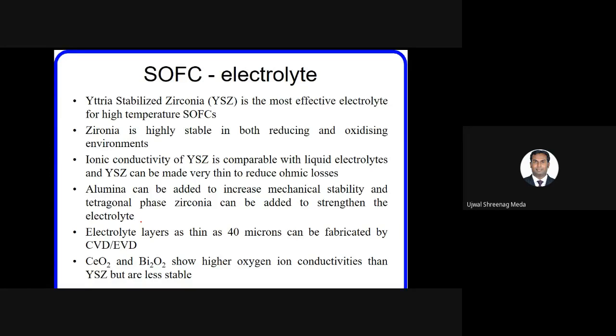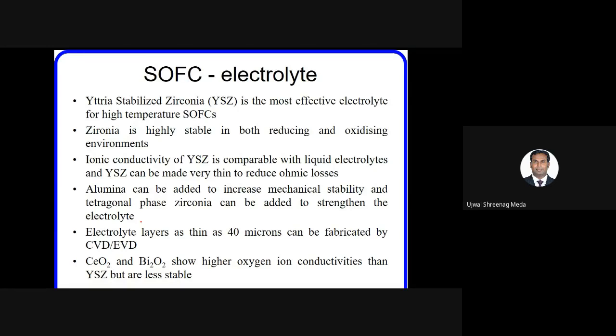The type of reaction will definitely have an impact on the material, so this material is stable in both environments. The main role of the electrolyte is to conduct ions, and unless it is comparable to or better than liquid electrolytes, a solid electrolyte cannot be used in a fuel cell. However, in this case, the ion conduction is comparable with liquid electrolytes, so it can be used as an electrolyte.